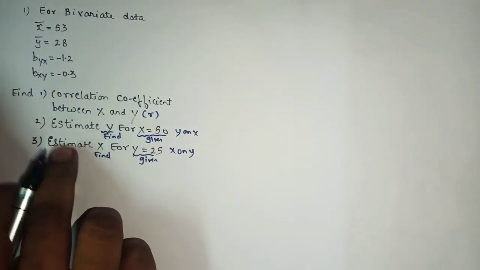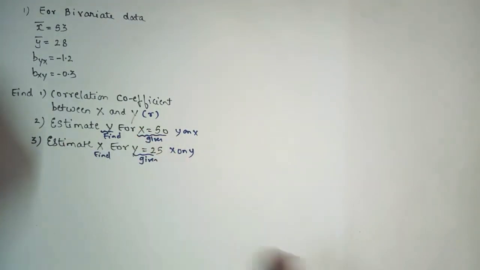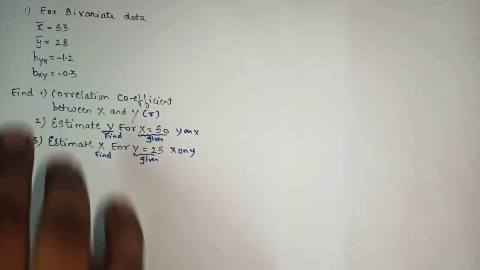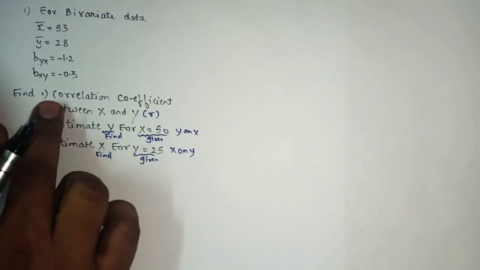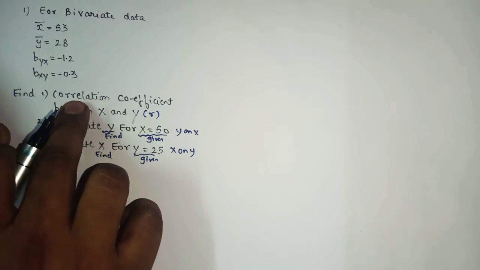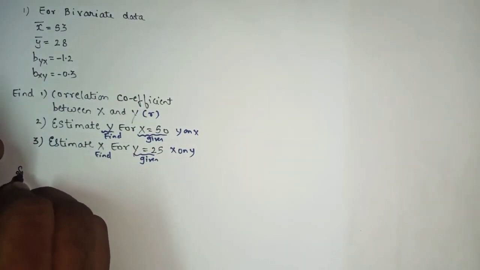For the third one we have to find the regression equation x on y. This type of sum we had seen in the previous video also. Yes or no? So first we'll start with the first one. Here the first one which we have to find is small r. Small r is known as the correlation coefficient. So we'll start with the solution part.